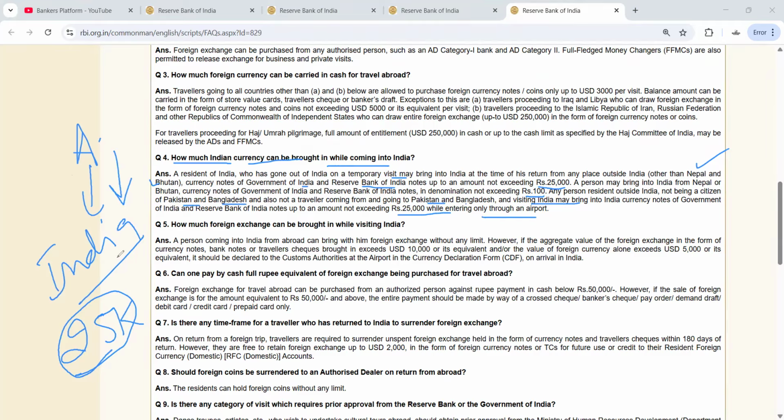So you can remember that 25,000 is the amount that any person can bring from abroad to India. And if it is Nepal and Bhutan, then you have to remember that he can also bring an amount, but the denomination should not be more than 100 rupees.